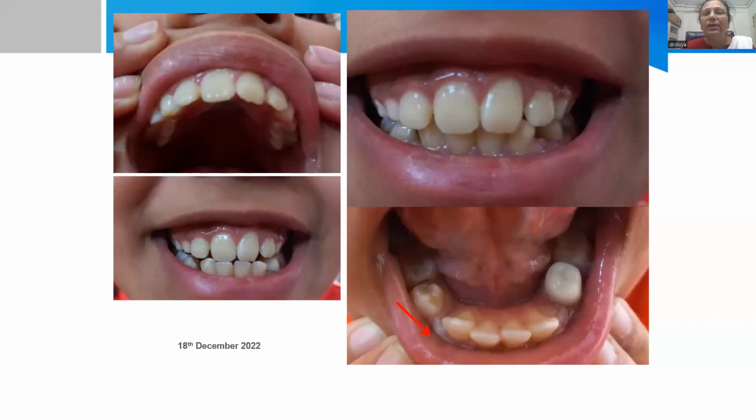This is a class 1 case, or flush terminal plane case, and you would have gone for many types of treatment plan, which I will be telling further. But these are some negligent cases where the pediatric dentist did not see the developing malocclusion.